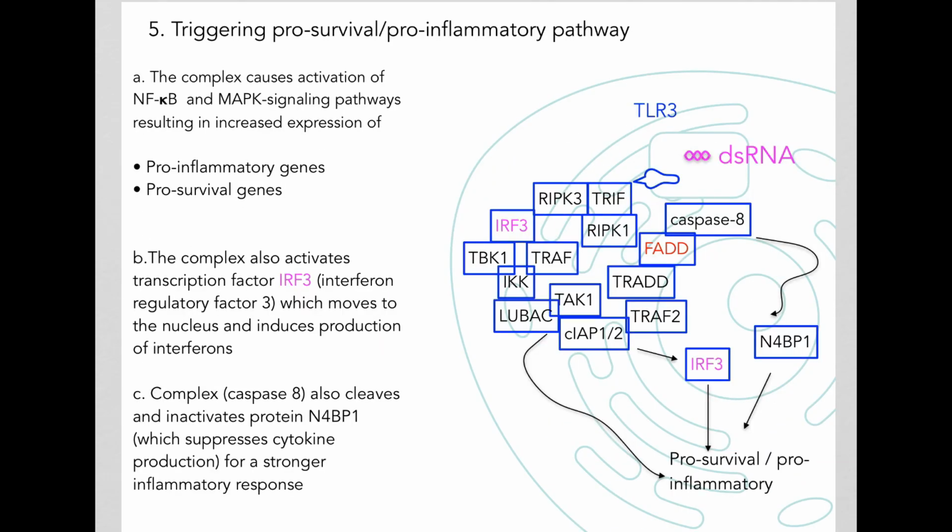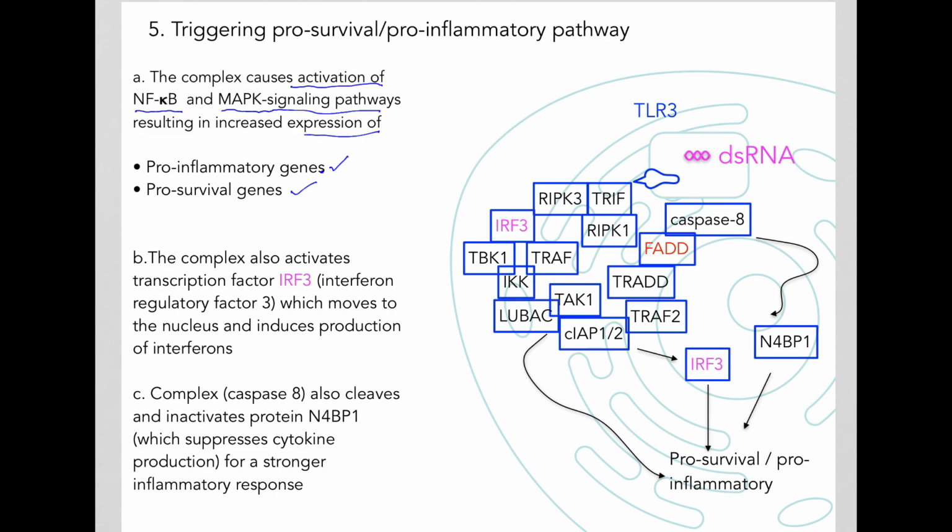Similar to what we saw with the tumor necrosis factor receptor, this complex now causes activation of the NF-kappa B as well as the MAPK signaling pathways, and these result in increased expression of pro-inflammatory genes as well as pro-survival genes that we discussed in video 8.13 under extrinsic apoptosis with the tumor necrosis factor receptor.